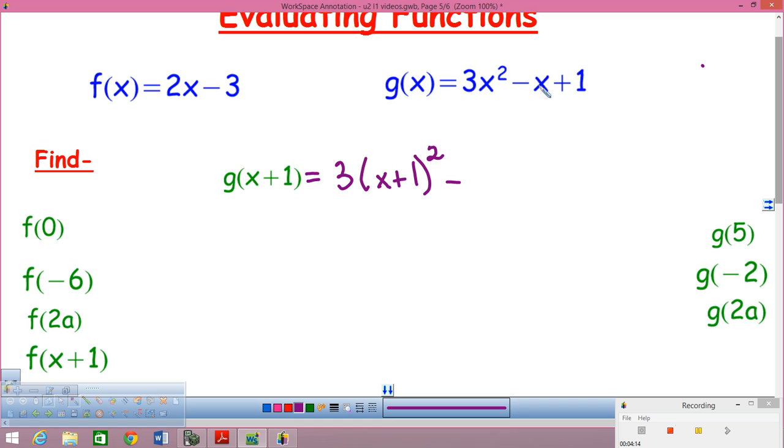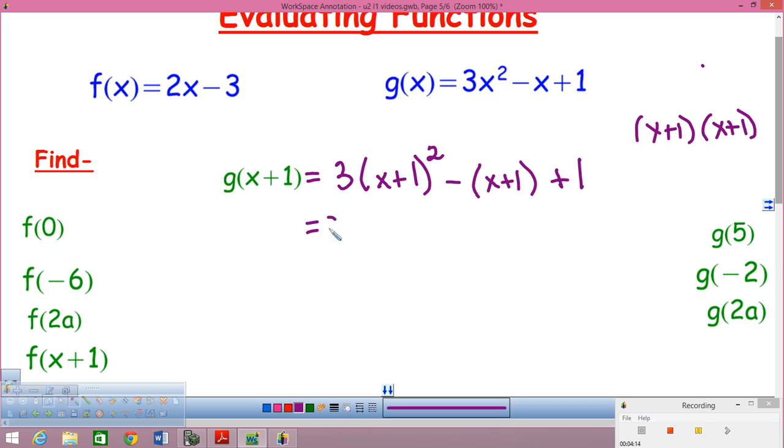Minus this x comes out, and x plus 1 goes in its place, and I still have that plus 1 hanging on at the end. Okay, I have to take care of squaring x plus 1 here. Remember that x plus 1 squared is the same as x plus 1 times x plus 1. Okay? So here we go.